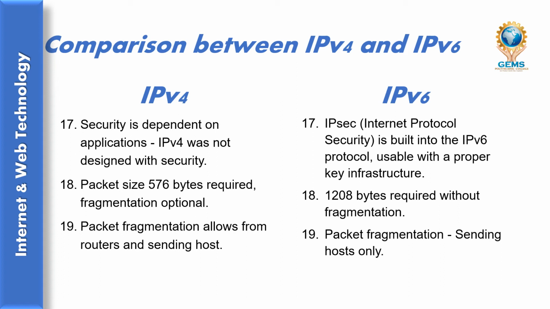IPv4 packet size is 576 bytes required, fragmentation optional, and IPv6 is 1280 bytes required without fragmentation. In IPv4, packet fragmentation is allowed from the router and sending host, but in IPv6, packet fragmentation is by the sending host only.